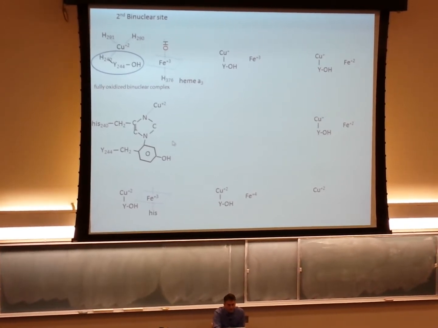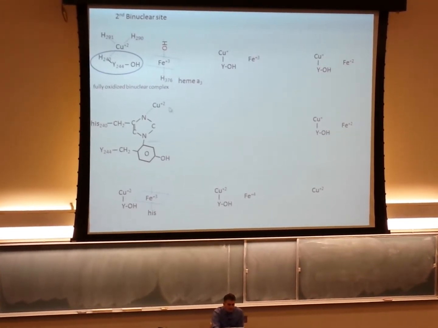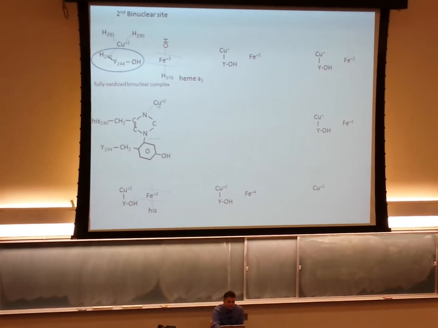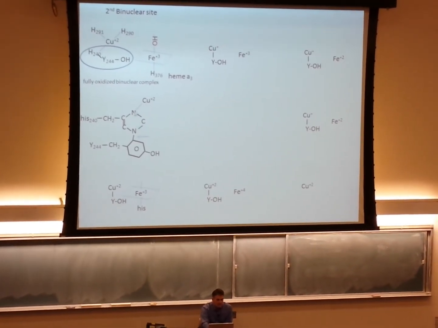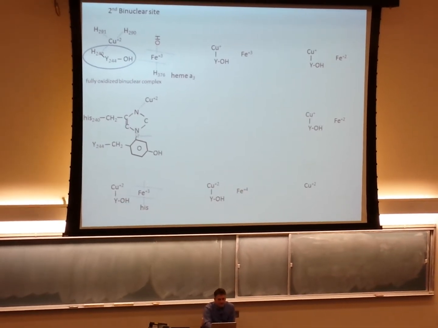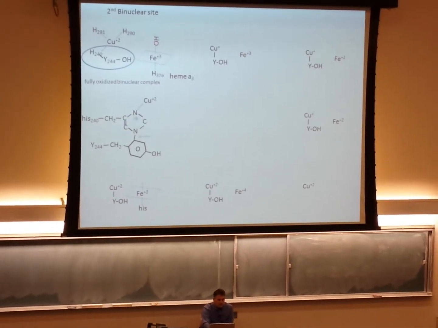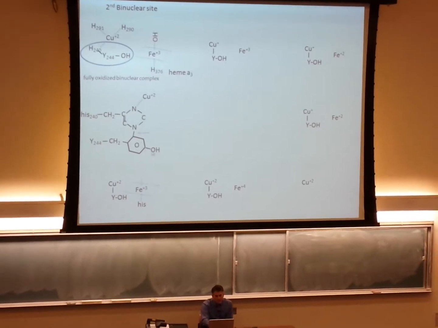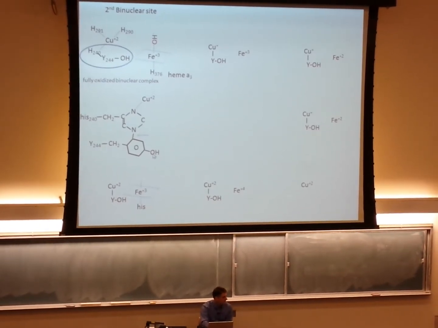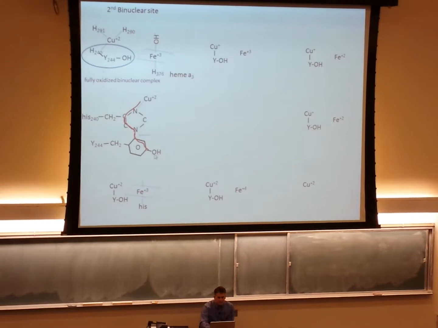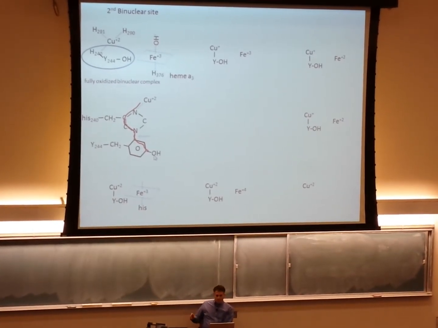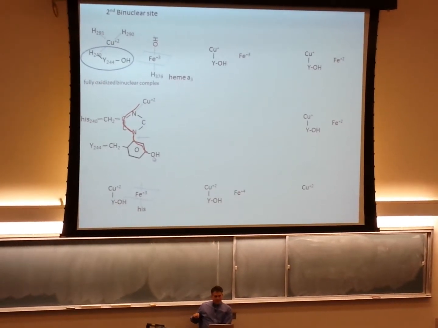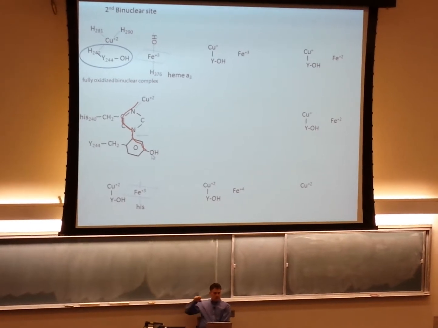So what's happening here is that this metal, with its +2 charge, is sucking electrons through this pi cloud here. These nitrogens have pairs of electrons on them, away from this hydroxyl group. So in other words, there's this path like this, where the electron density on that OH group is being weakened, pulled away.